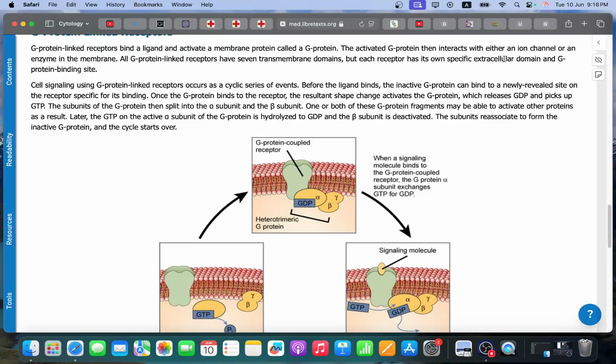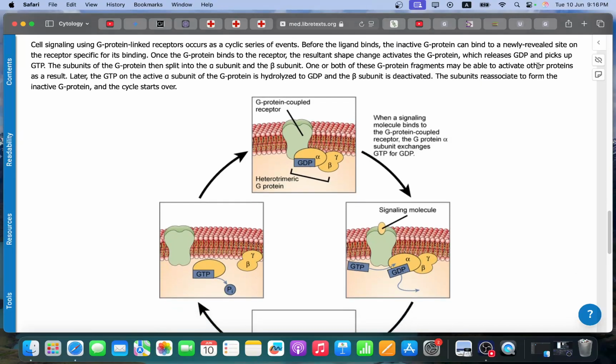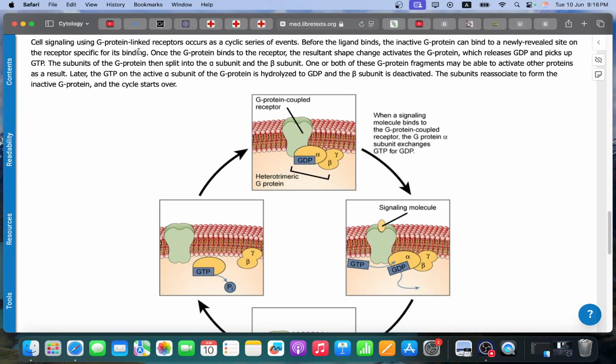Cell signaling using G protein linked receptors occurs as a cyclic series of events. Before the ligand binds, the inactive G protein can bind to a newly revealed site on the receptor specific for its binding. Once the G protein binds to the receptor, the resultant shape change activates the G protein, which releases GDP to pick up GTP.